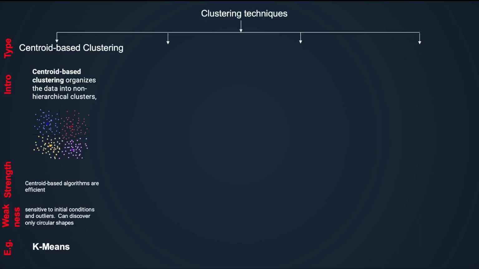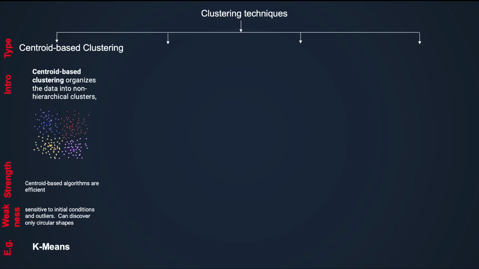But the weaknesses of these algorithms are that they are sensitive to initial conditions, outliers, and more importantly, centroid based algorithms can only discover clusters that are of circular shapes because of the distance function they use.